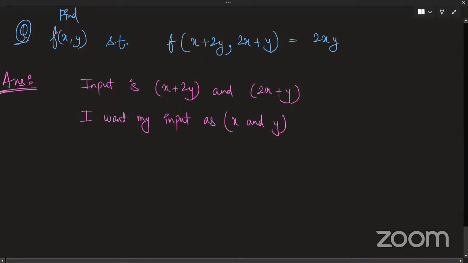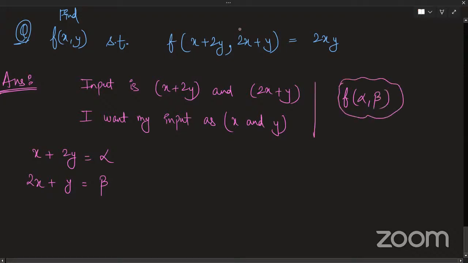So basically, if I assume x plus 2y as some quantity alpha, and 2x plus y as some quantity beta, this is what my functional equation has given me. I want to convert this form to f of x comma y. How is it possible?